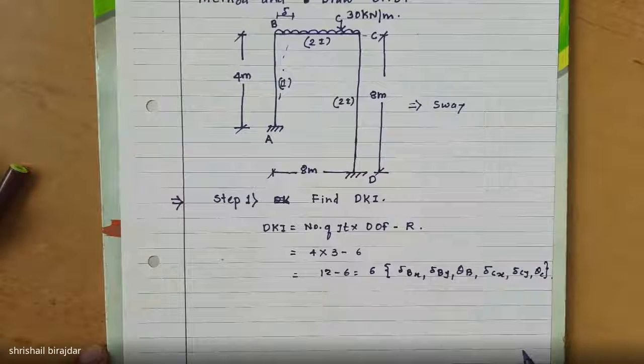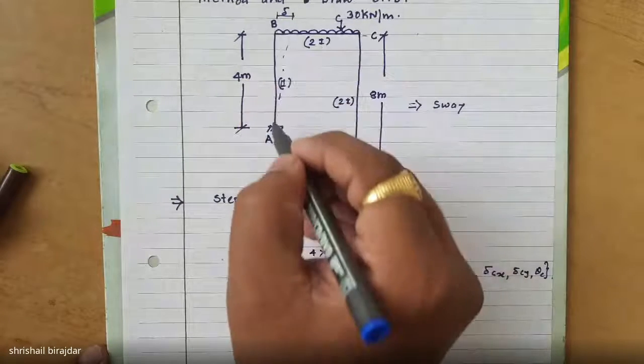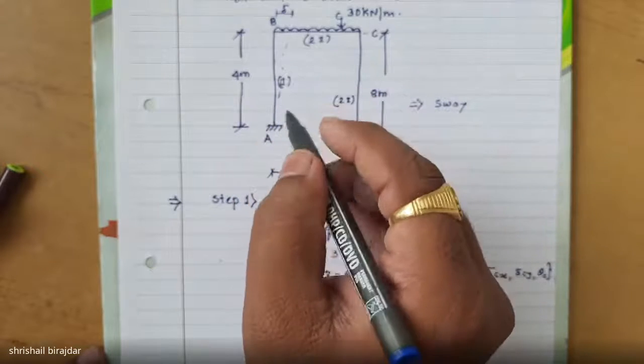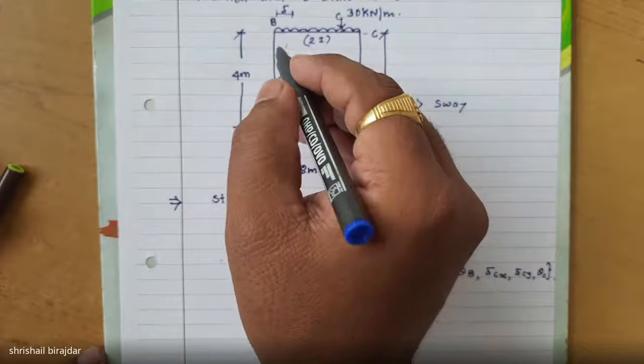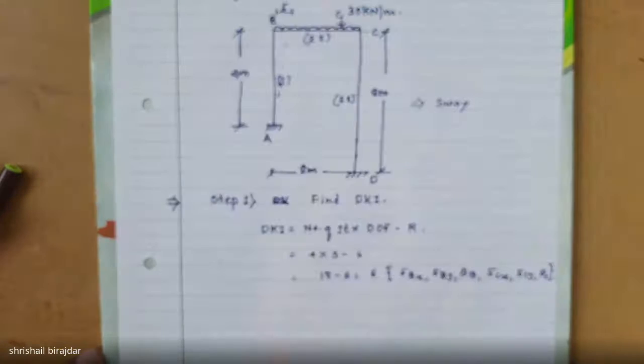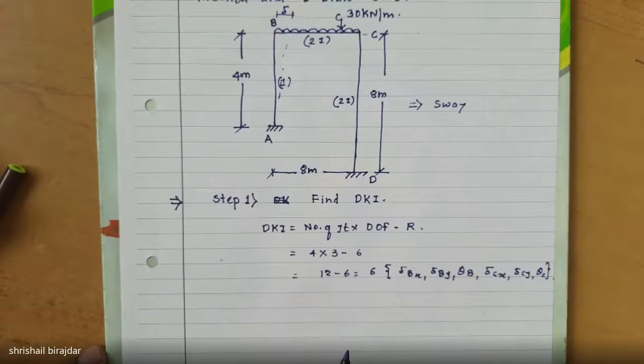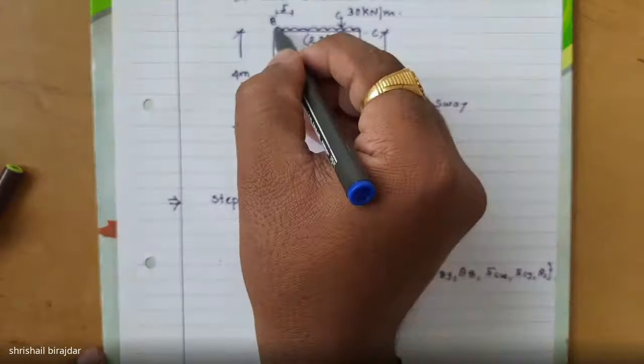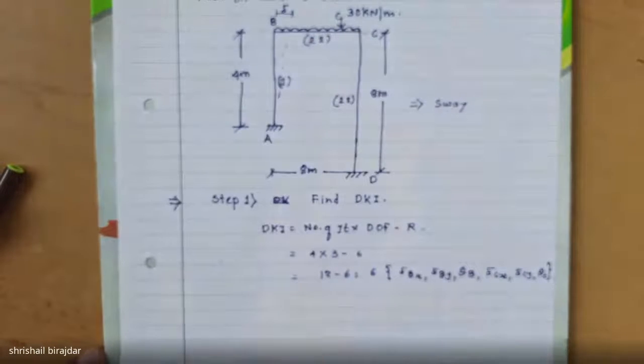But for the sake of simplicity, we neglect the axial strain in the column because we are not considering any axial strain or deflection in the column. Deflection we consider in the horizontal direction, but at this location we will not consider any translation.